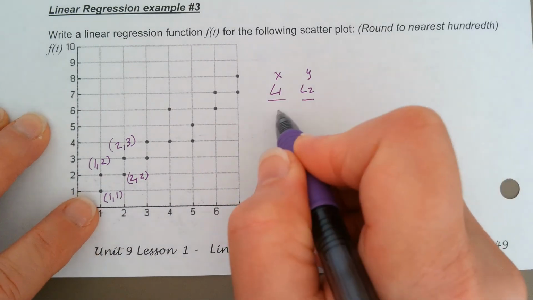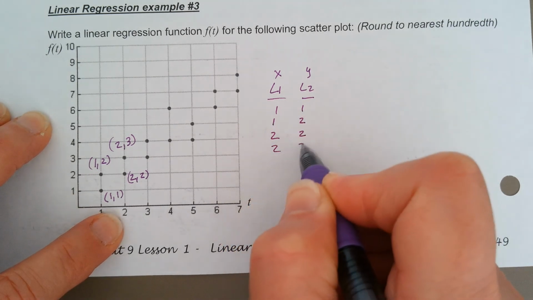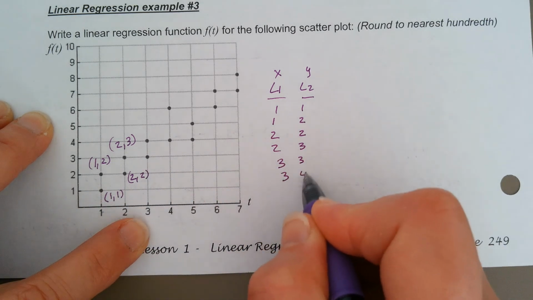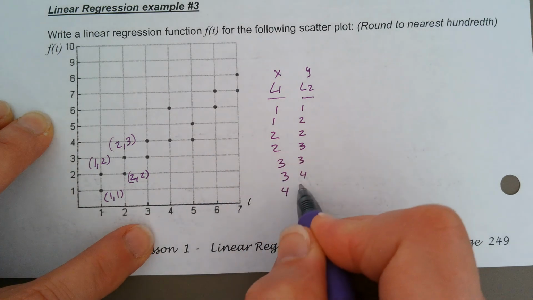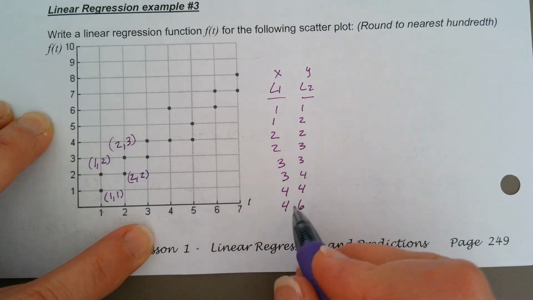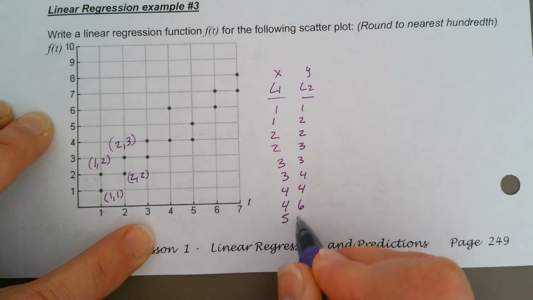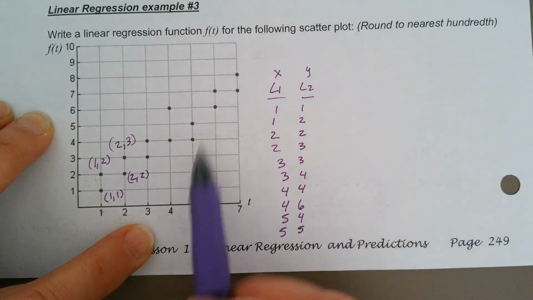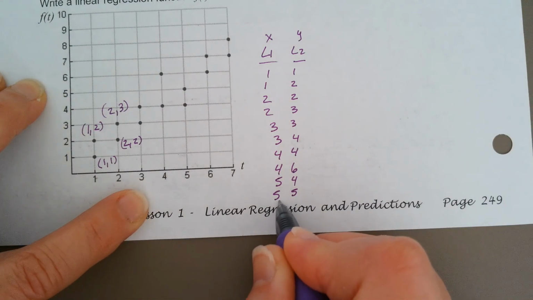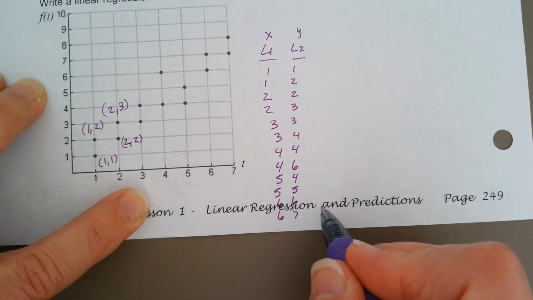So I'm thinking, okay, I've got 1, 1, then 1, 2, then 2, 2, 2, 3, 3, 3, 3, 4, 4, 4, 4, 6, 5, 4, and 5, 5. Check that. 5, 4, 5, 5. 6, 6, 6, 7. And 7, 7, 7, 8.